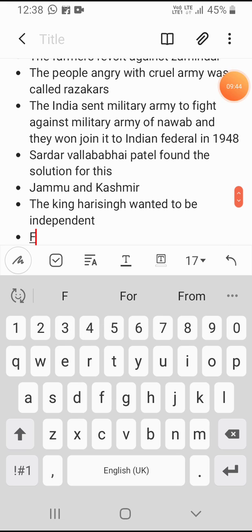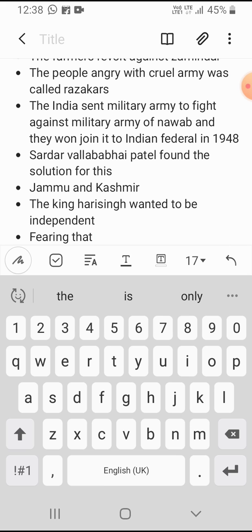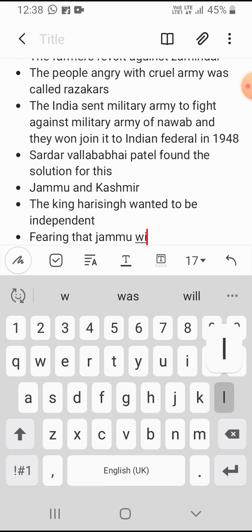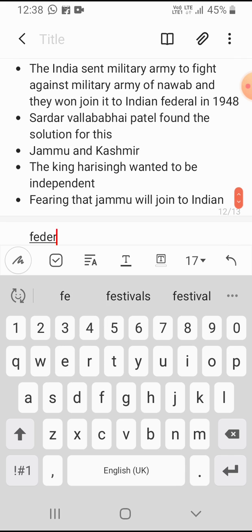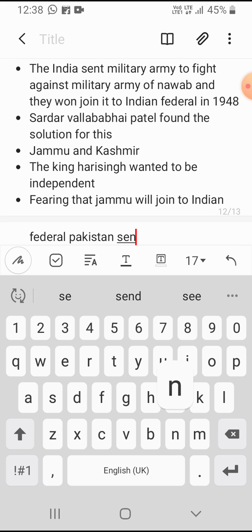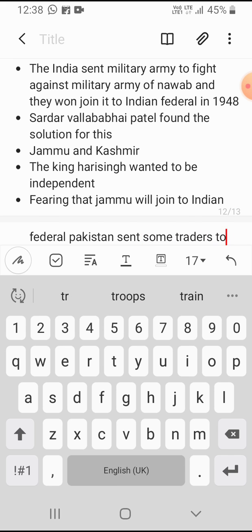Fearing that Jammu would join the Indian Federal, Pakistan sent some traders to Kashmir.